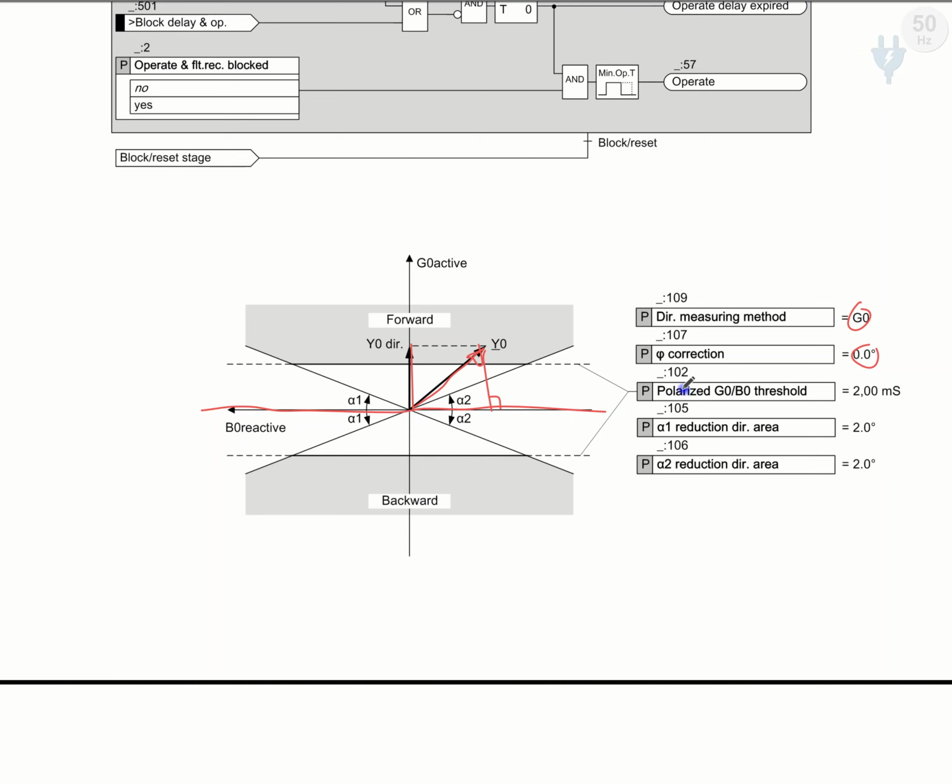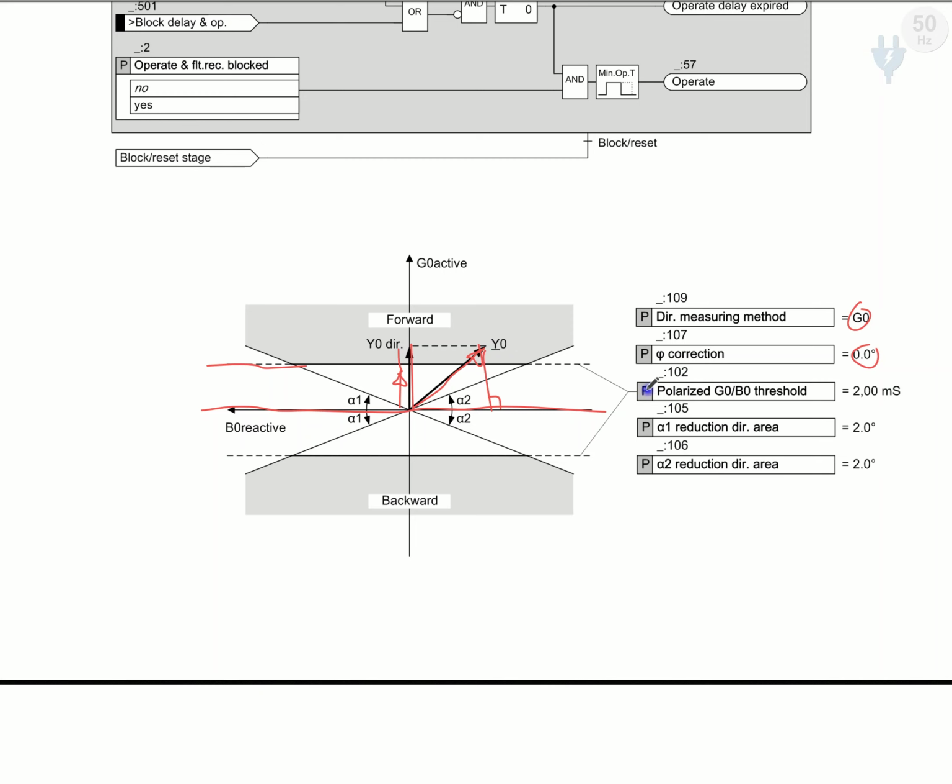Another thing is the polarized G0 or B0 threshold. This is the threshold below which, for example, if our G0 is this much, our system will not operate, it will not pick up. But when it goes beyond this value, beyond this axis, which is called the polarizing value, it picks up.